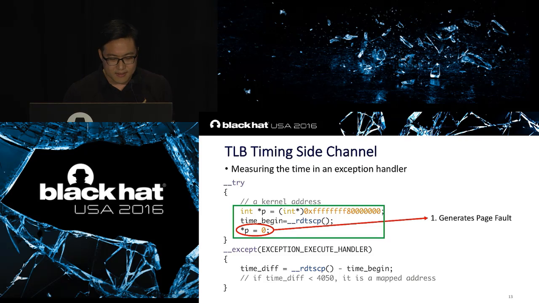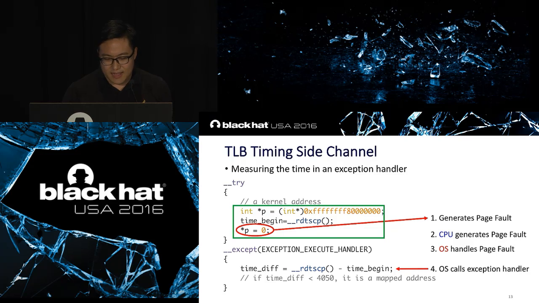Then the processor will generate a page fault, then the operating system will handle this fault, then finally it will call back our exception handler. At the exception handler, we mark the timestamp again. Then we can measure the timing between before accessing the kernel address and after the page fault happens.